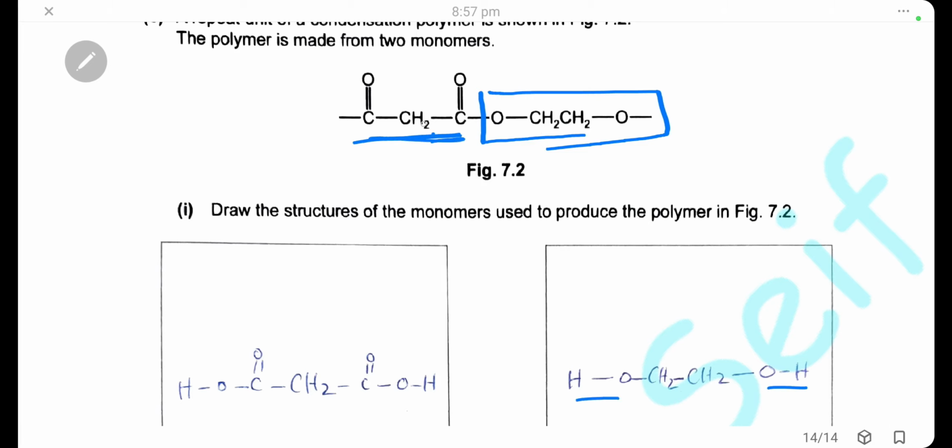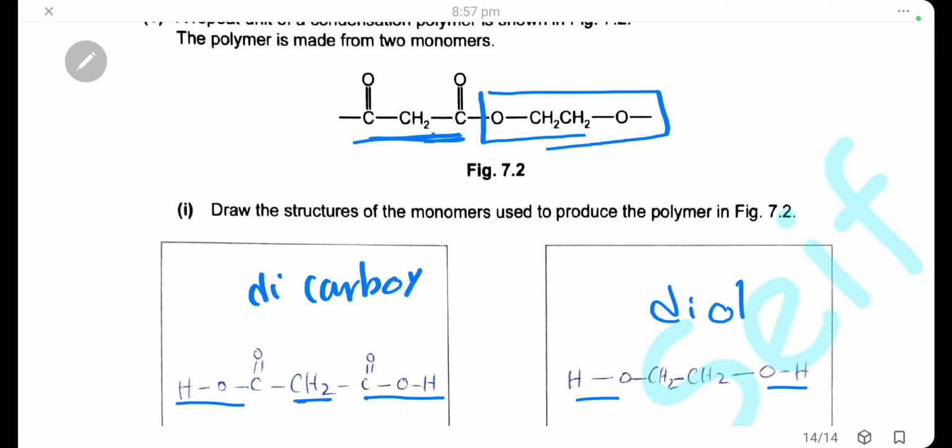And the second monomer will contain 2 carboxylic groups, 1 from each side, and CH2 in the middle. So this is the diol, and this is the dicarboxylic acid. This is the first monomer, and this is the second monomer.